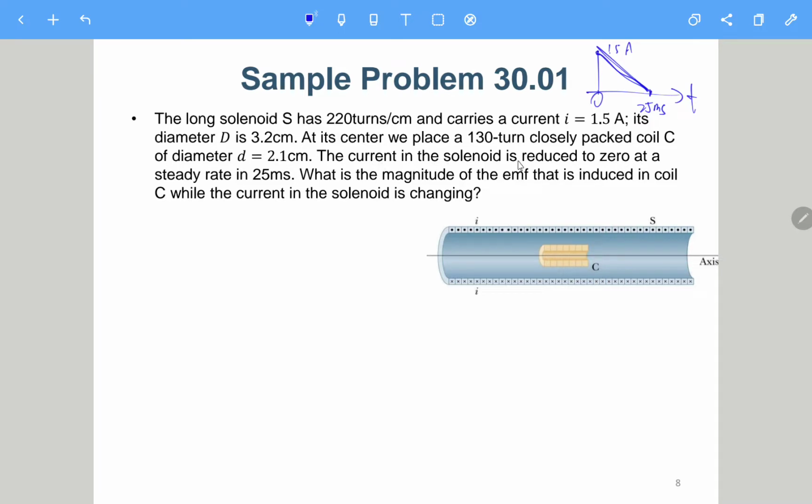What is the magnitude of the EMF that is induced in coil C while the current in the solenoid is changing?